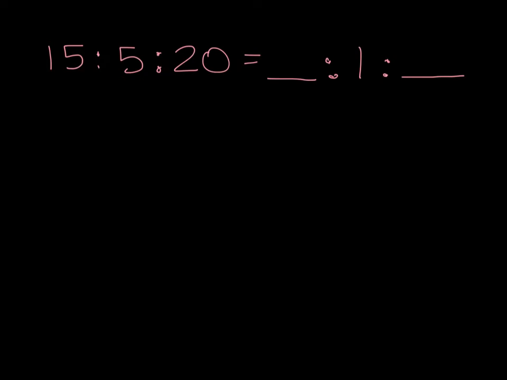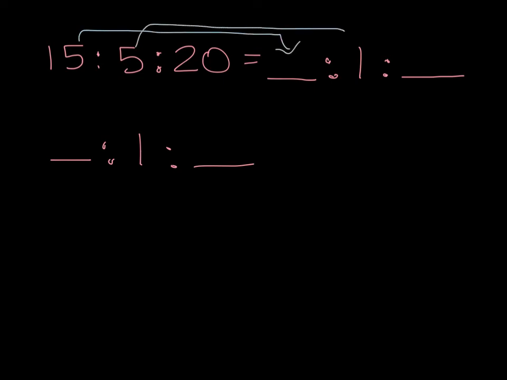I can either start by rewriting the right side down below again, if that's what I'm used to. So I could write blank to 1 to blank, or I can look across. So 15 is to what, as 5 is to 1, as 20 is to what.